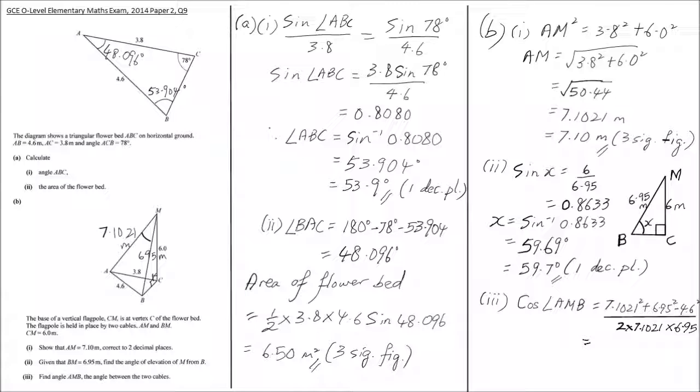That will give us the value 0.7859. So therefore, angle AMB is the inverse cosine of this value.